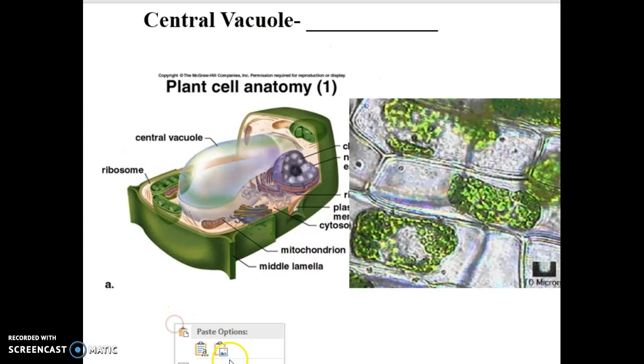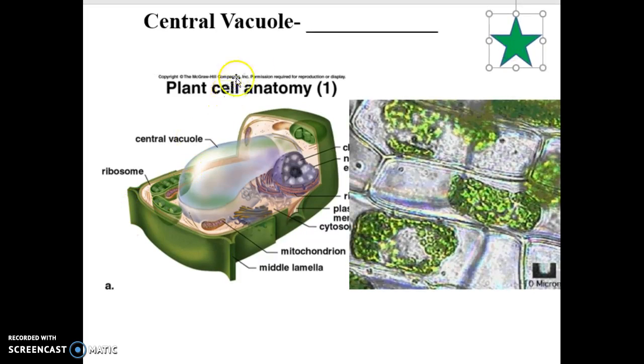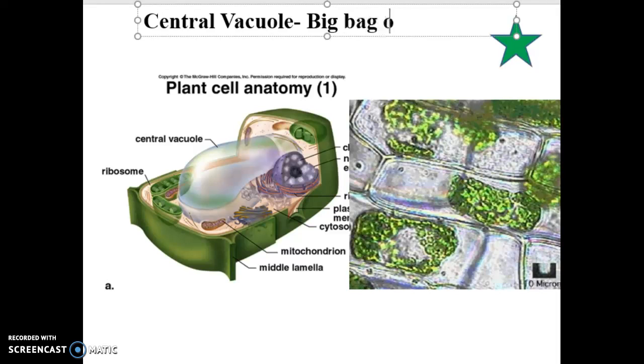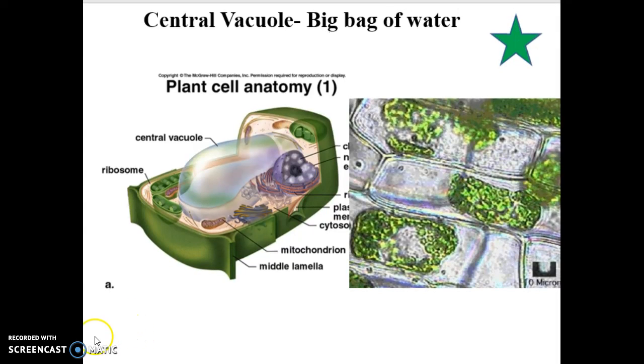Okay, let's do it again. Bow, bang, there's your plant structure. Central vacuole, big bag of water found within plant cells. We lack these things. So the central vacuole is this big bag right here, filled with water.